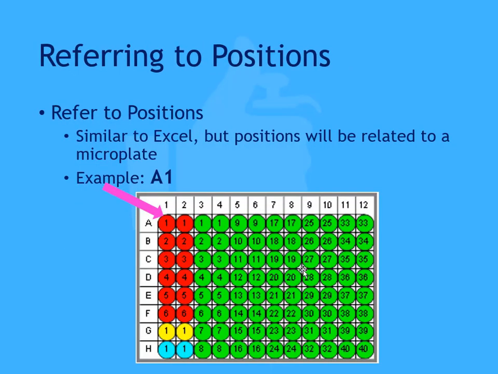In the simplest case, an expression can refer to a numerical value, measurement, or result. You'll notice the syntax is very similar to Excel, but the column and rows match the microplate layout. So A1 refers to the row A and column 1 instead of the other way around. This is independent of plate layout. By using position, the expression will always refer to well A1, regardless of what sample type it contains.